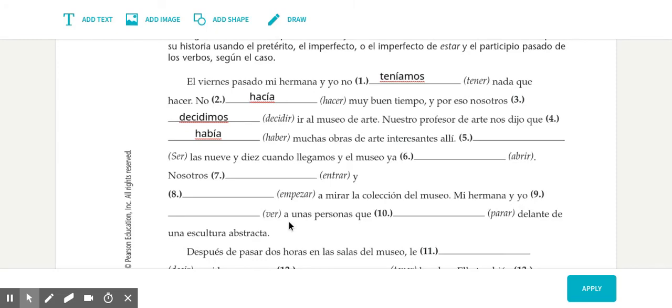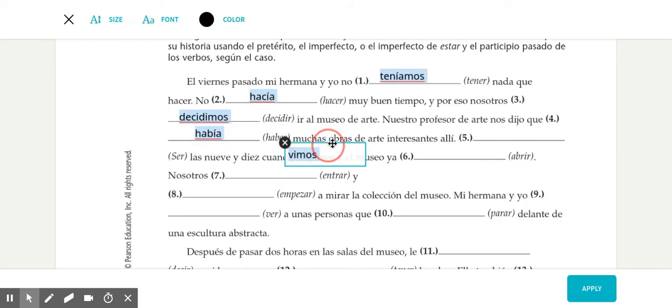Mi hermana y yo, my sister and I, so now we're saying nosotros, right? We saw some people, unas personas que stood in front of an abstract sculpture, no? Mi hermana y yo, I would say vimos, we saw some people. Okay, it was just at one point in the past. They weren't continually seeing people.